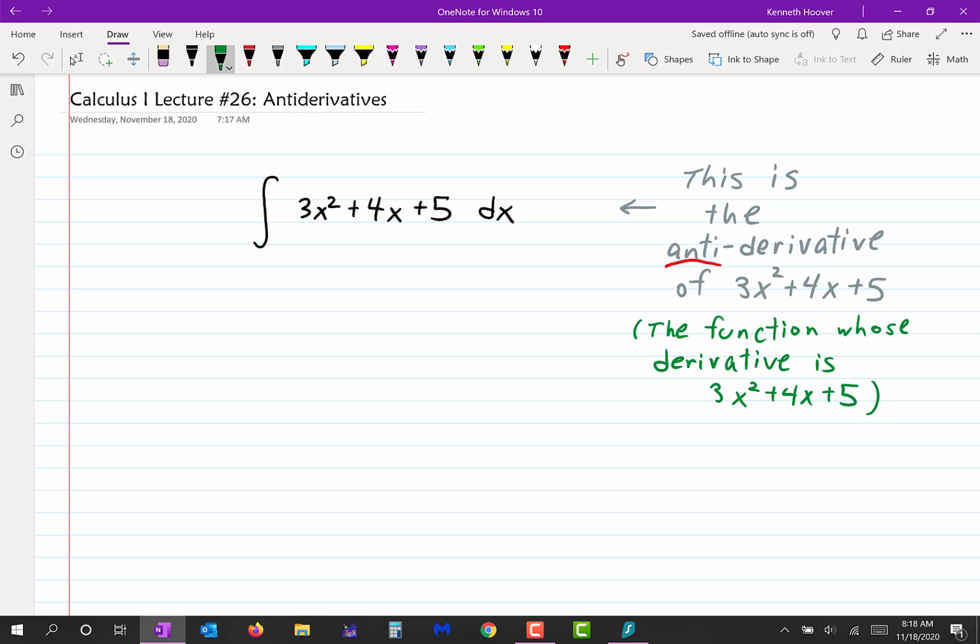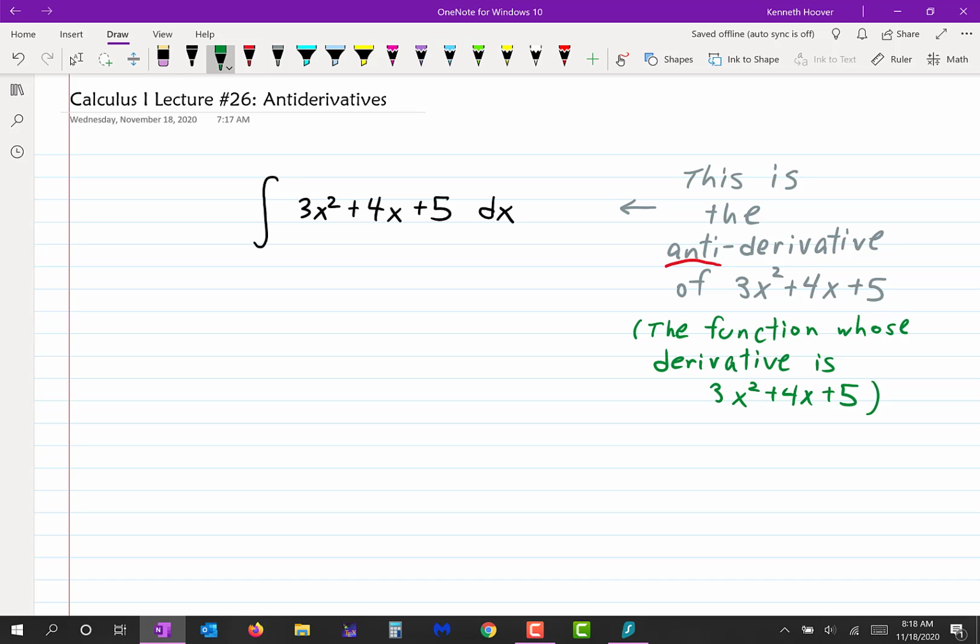Okay, another way to think about it is to say this. If you were doing the derivative of something and you got 3x squared plus 4x plus 5 as an answer, then what is the function you would have started with? Okay, another way to think about it is to say you're doing derivatives backwards. Okay, so there's lots of ways to think about it.